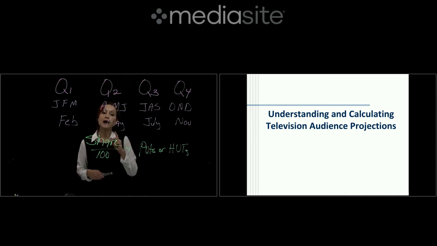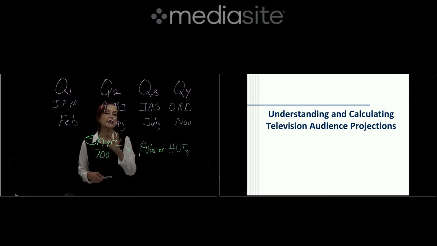Remember that the ratings projection formula is share divided by 100 and multiplied by HUTs if you're using homes, or PUTs if you're using demos. Let's understand why. The first number we look at is share.